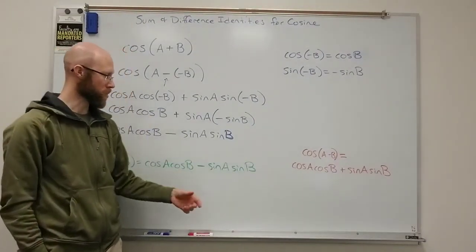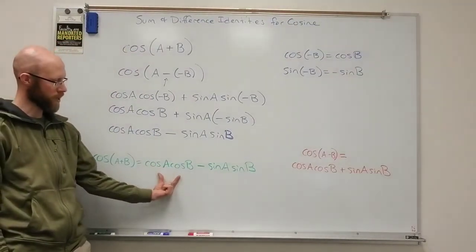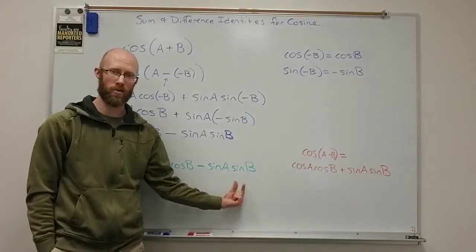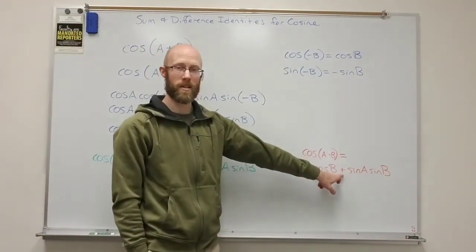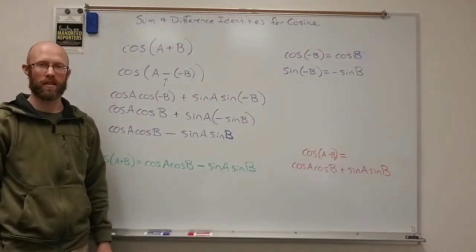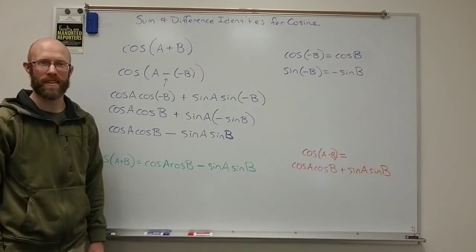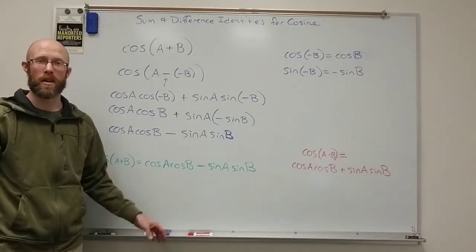These two formulas do look very similar. They're both the product of cosines in one term and the product of sines in the other term. The formula for the difference has a sum in it, and the formula for the sum has a difference in it. That's the only difference, I guess. So that gives us our two formulas.